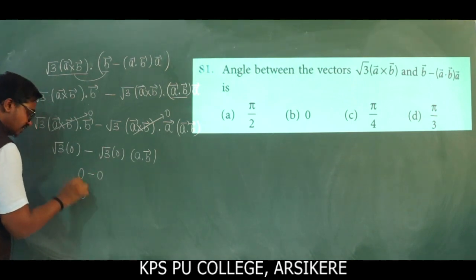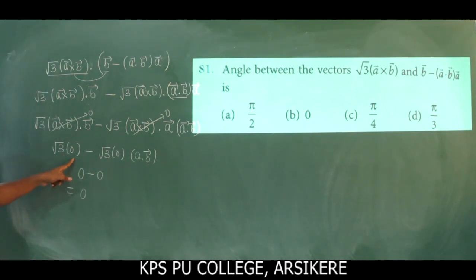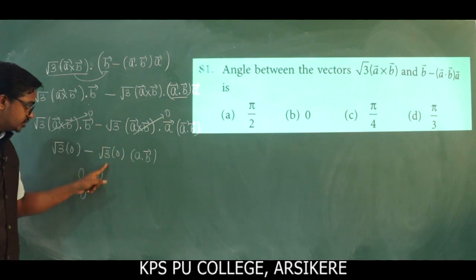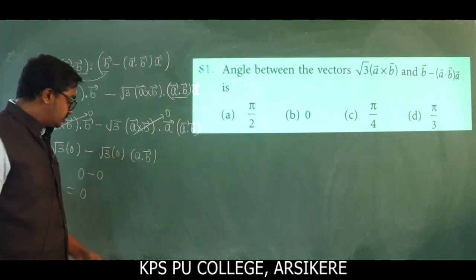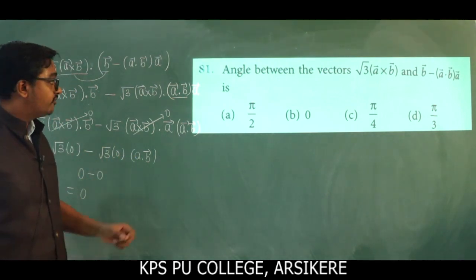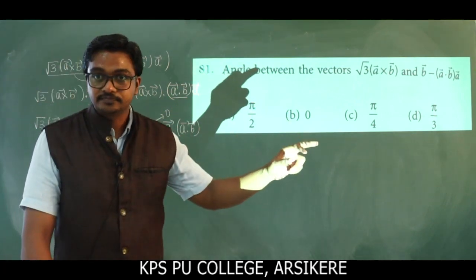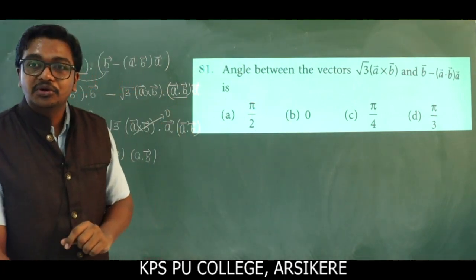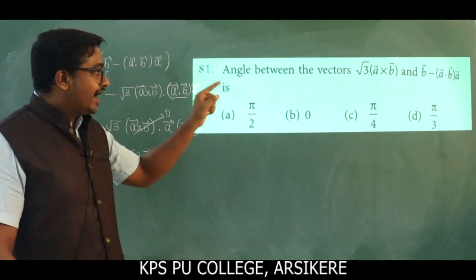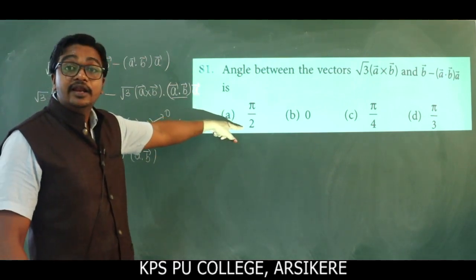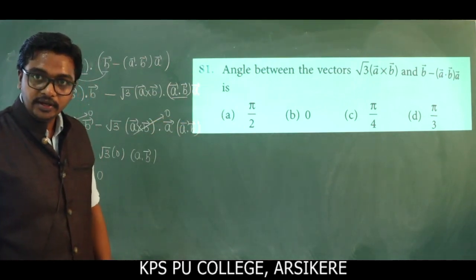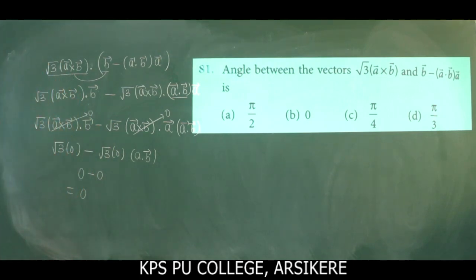Root 3 into 0 is 0, and 0 into anything is 0. So finally we are left with 0. Therefore the given two vectors are perpendicular to each other, hence the angle between them is 90 degrees, pi by 2. Option A is the right answer.